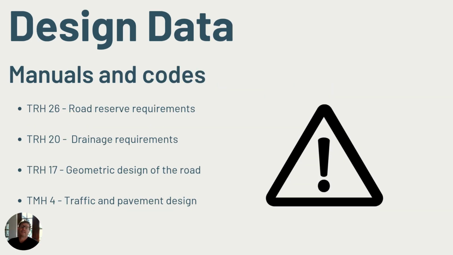The design standards that were used during the design of the road include TRH-26 for the road reserve requirements, TRH-20 for the drainage requirements, TRH-17 for the geometric design of the road, and TMH-4 for the traffic design of the road.